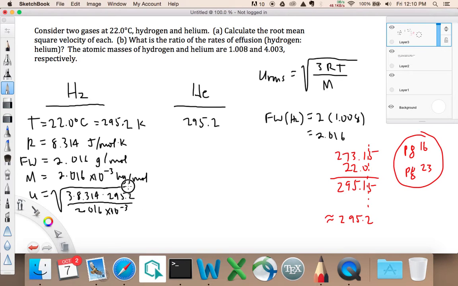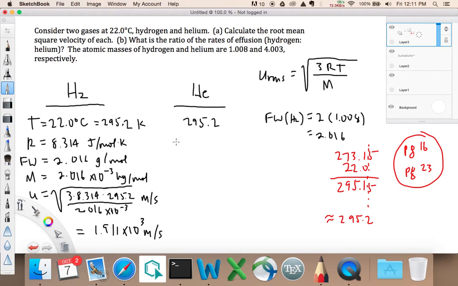All right, this is going to give me meters per second because everything cancels out. The meters per second is not under the radical. So I got from that 1.911 times 10 to the 3 meters per second.